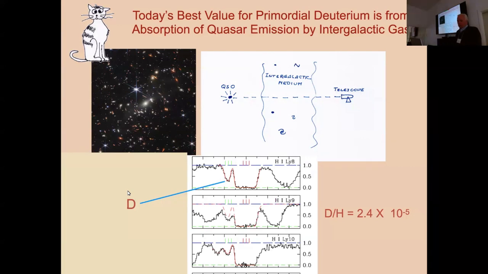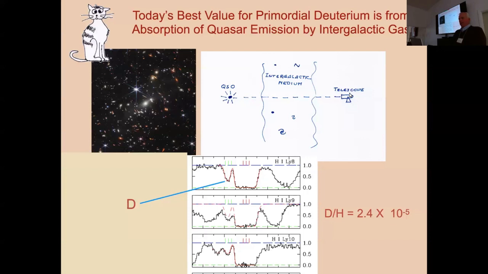The way we measure deuterium today is that we're looking at all these stars, but the black stuff in between is also full of gas. The way you look at that gas is, say you have a distant quasar, and the light from that quasar shines through the gas between the galaxies, and the gas absorbs some of it.